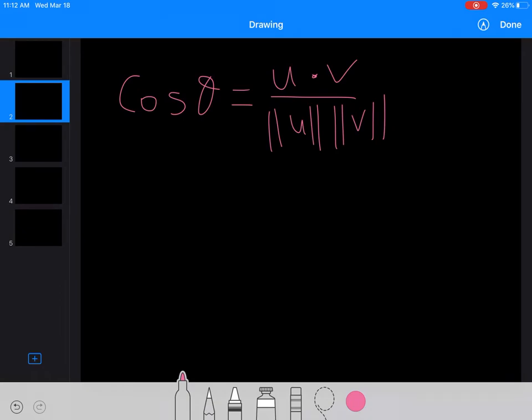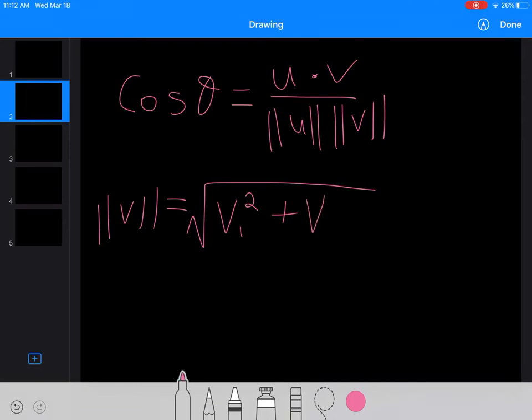And remember that the magnitude of a vector in component form is just the components squared and added to each other, then the square root. So we're going to use that to solve these problems.